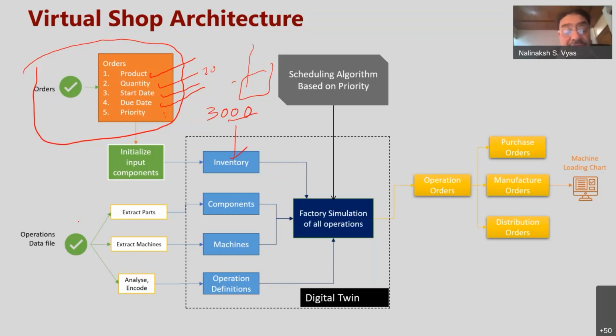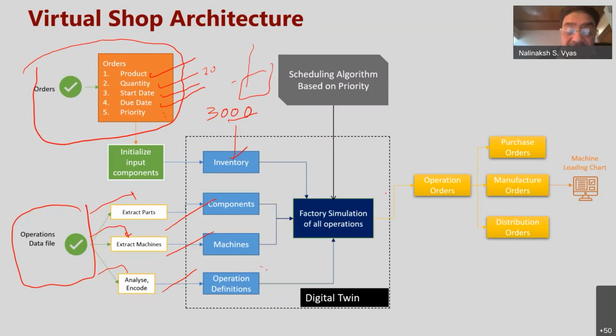So from the data file that already exists for these products, you extract the parts, you extract the machines on which the operations need to be carried out, and the coding needs to be done. That information needs to be sent to components information, and operations also need to be defined, whether it is spot welding or assembly of two pieces together, or a machining operation.